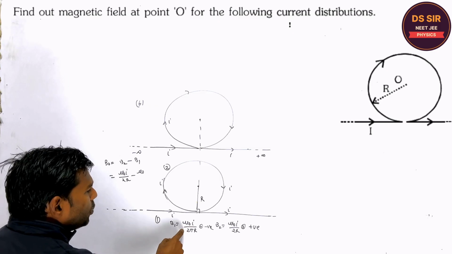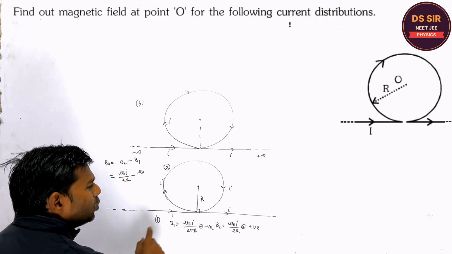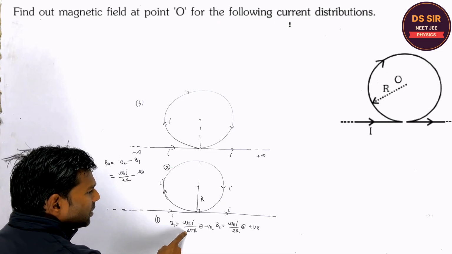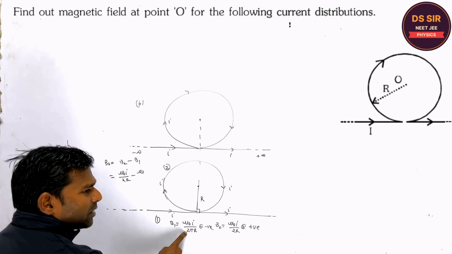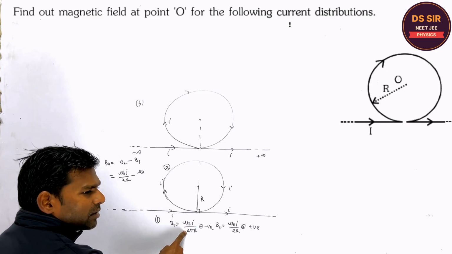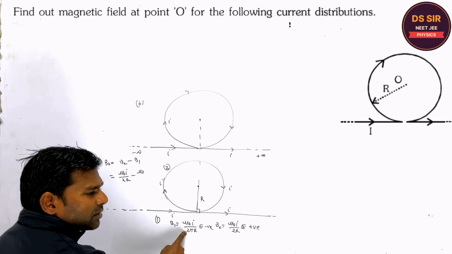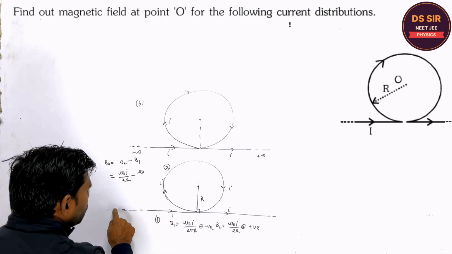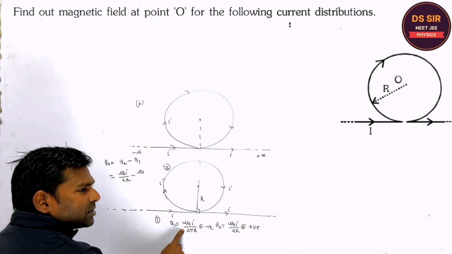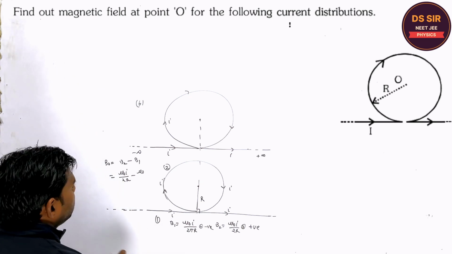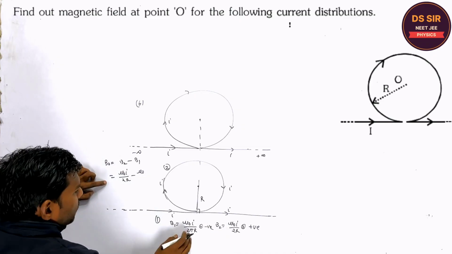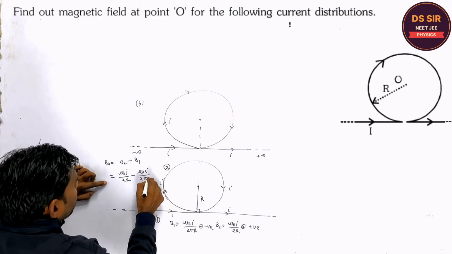Due to an infinite wire, it is mu naught I upon 2 pi R. In the previous question, did I take 4 pi R or 2 pi R? 2 pi R. Yes. For an infinite wire, the magnetic field is mu naught I upon 2 pi R.